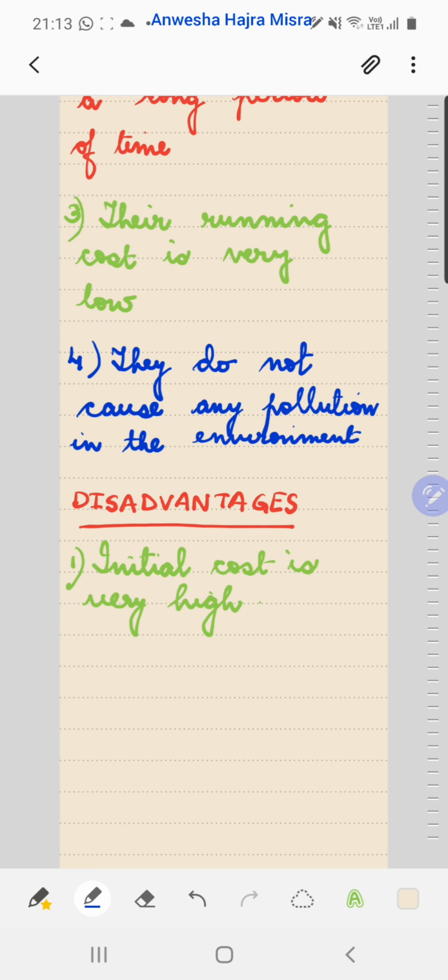Next, the efficiency of conversion of solar energy to electricity is low.